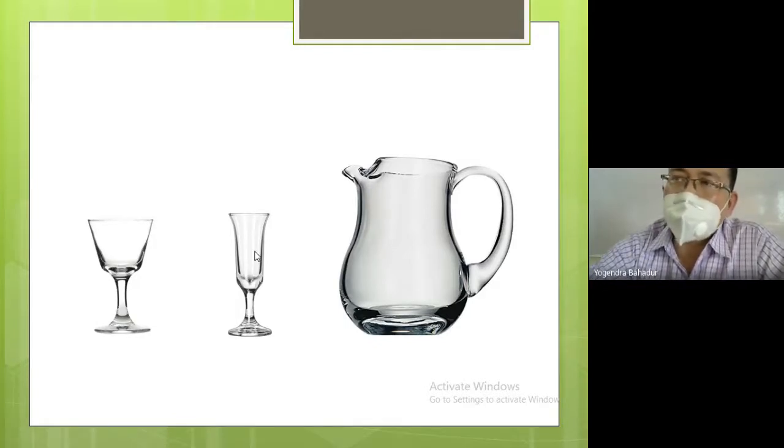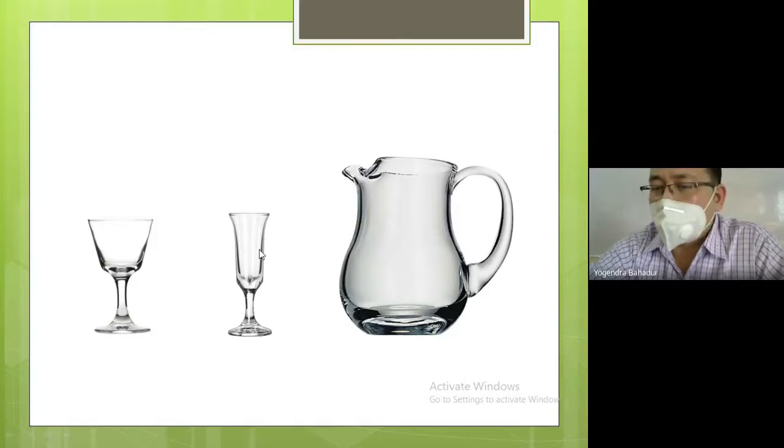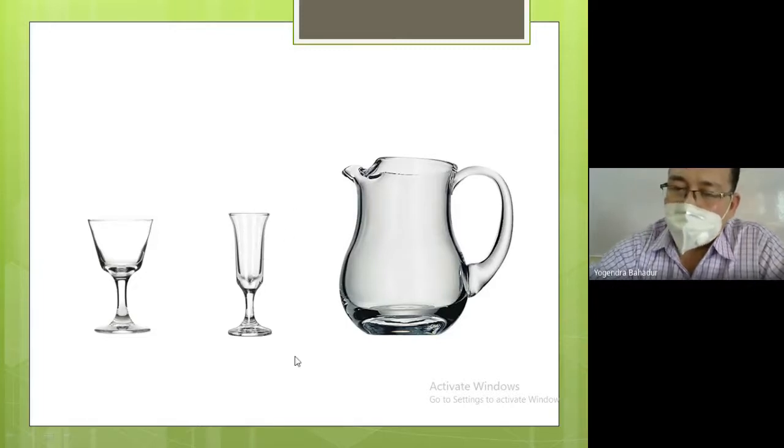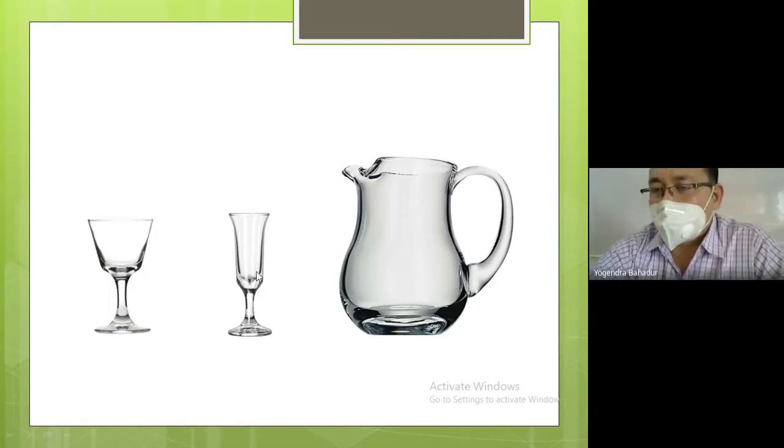Cordial is basically a sugar syrup based non-alcoholic flavored drink. So if there is lime cordial, it will have sugar syrup and the flavor of the lime, and it is served along with a small amount of soda in this small glass. That's why it is called cordial glass. Quantity is 2 fluid ounce.